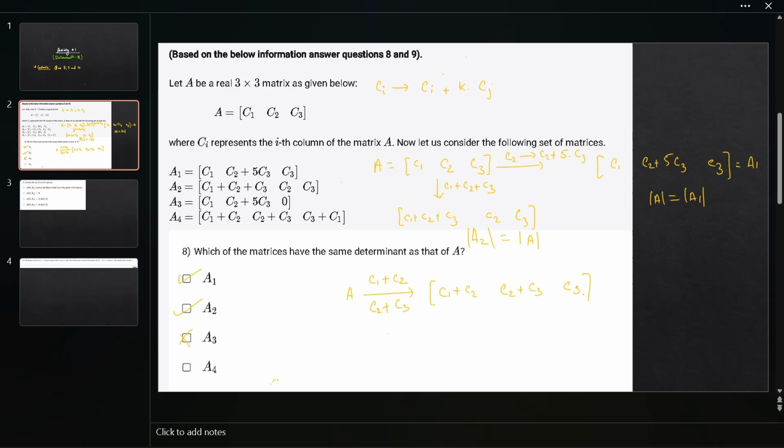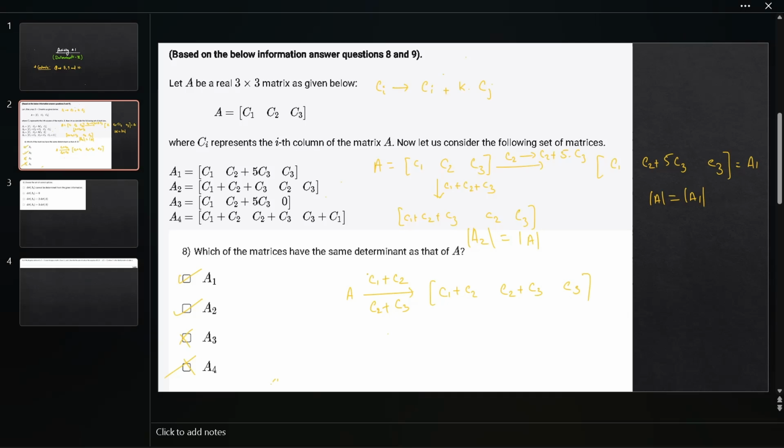Now if we try to add the first column to C3, the first column has now become C1 plus C2. So if you do this operation, adding C1 to C3, it will eventually become C1 plus C2 plus C3, because now this entire thing, C1 plus C2, is your column 1. So you cannot obtain A4 by using this property as well.